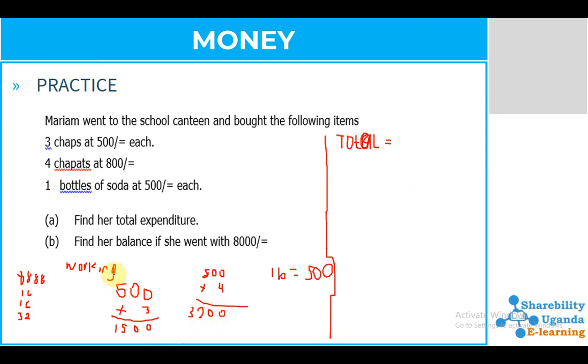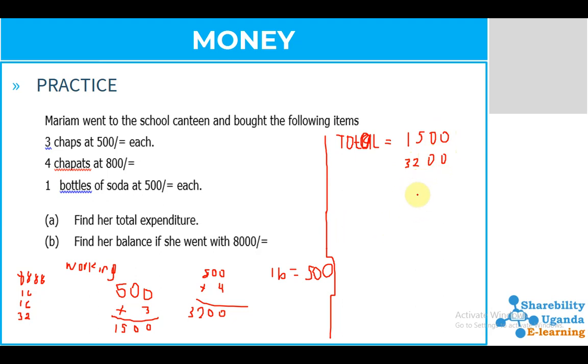We have our 3 chapati, which is 1,500, and we have the 4 chapati, which is 3,200.